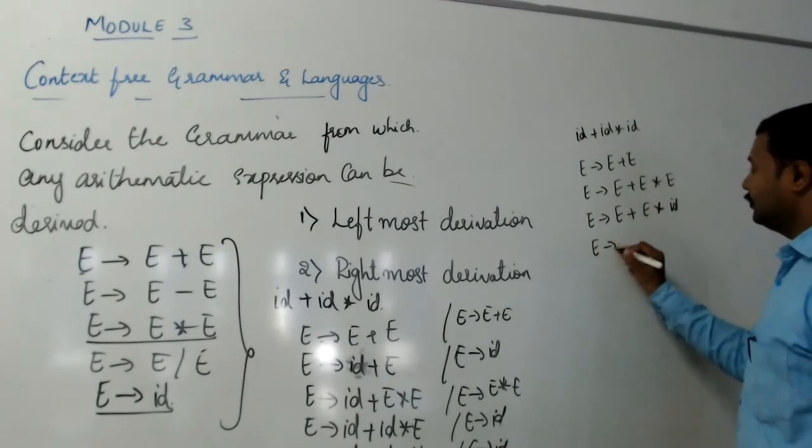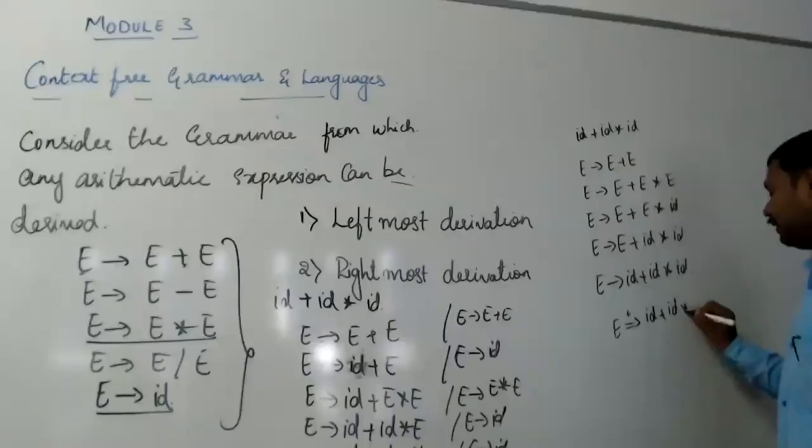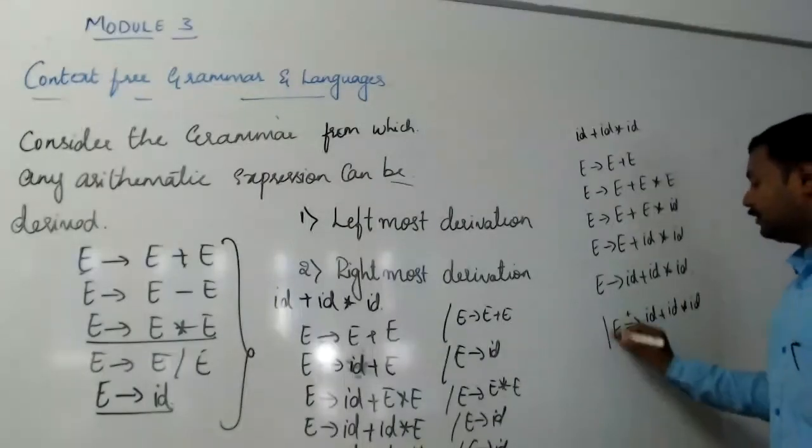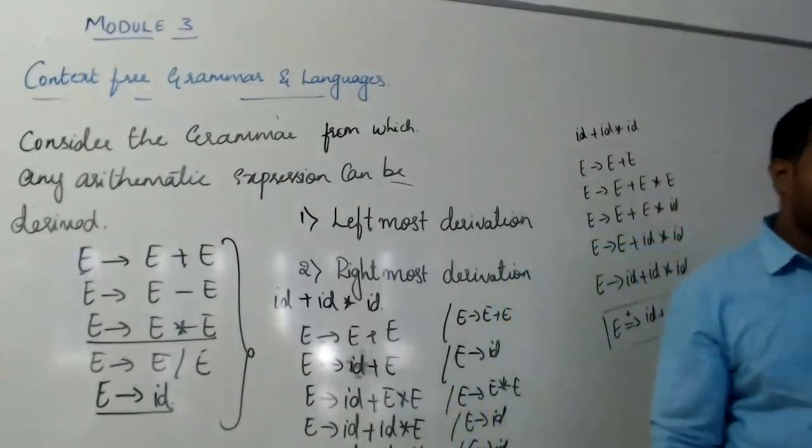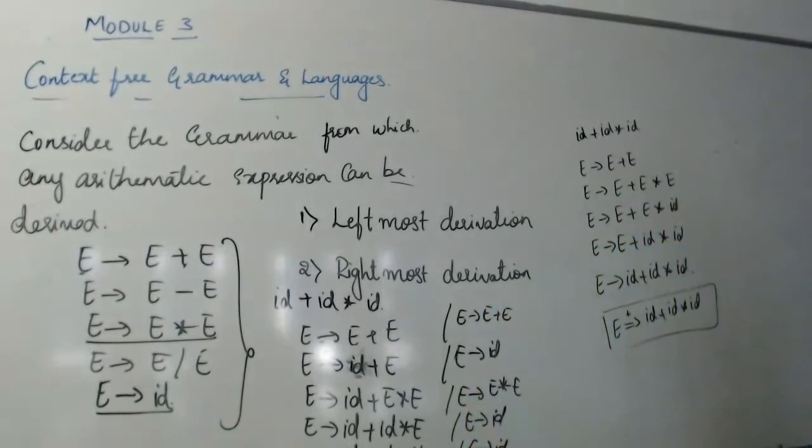Then E tends to E plus id. This is your rightmost derivation. So leftmost and rightmost derivations are of these forms. Clear with this? Clear with rightmost derivation and leftmost derivation? Okay, fine.